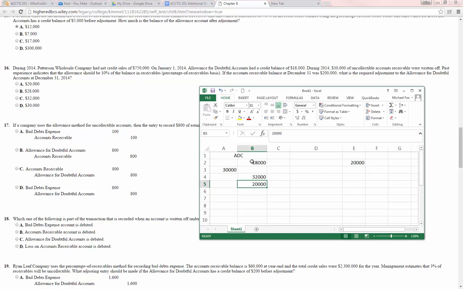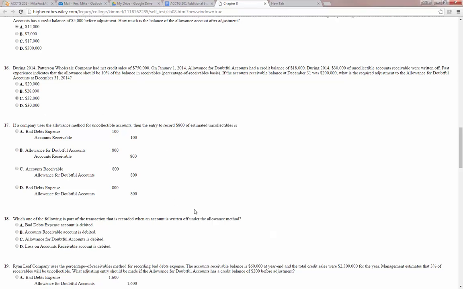Let's see if that all adds up. That should give us 50,000 on the credit side, 30,000 on the debit side, which gives us a balance of 20,000. Really, we just had to say, if I had 18 and I took away 30, which would give me negative 12, what would I add to it to get up to 20, which would be 32. So 32,000 is the amount of our adjustment for that year.